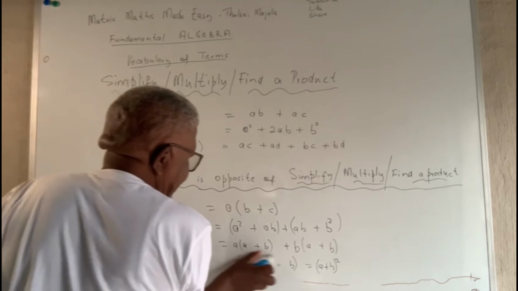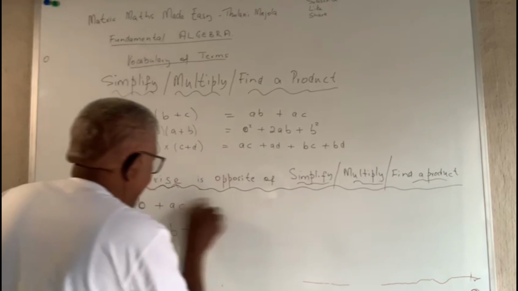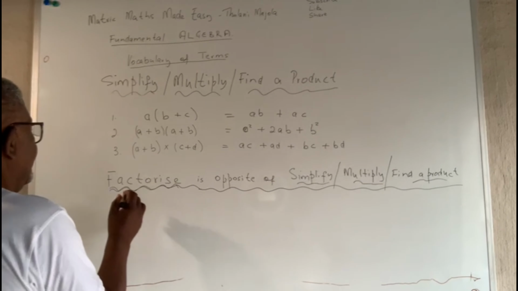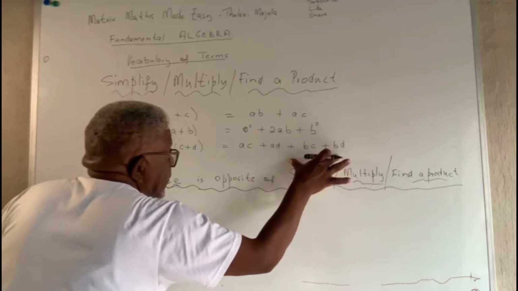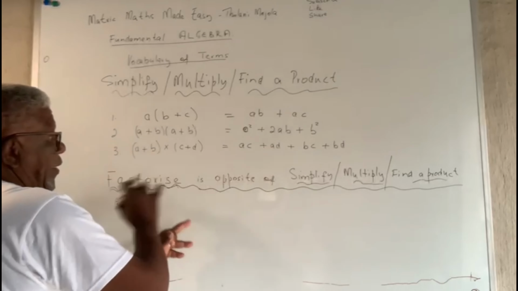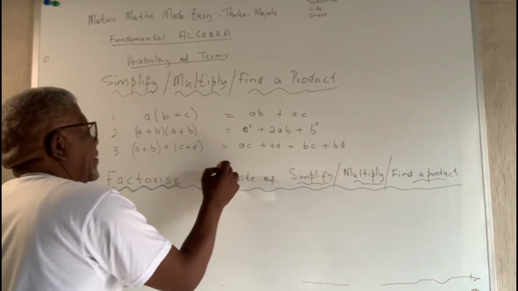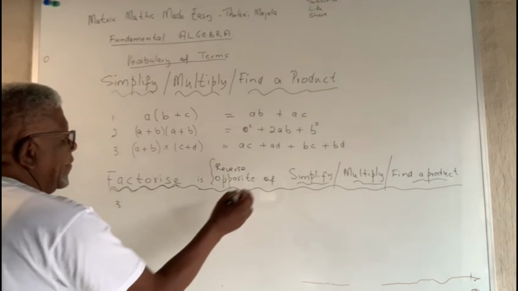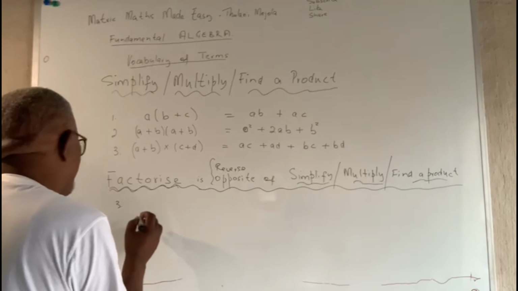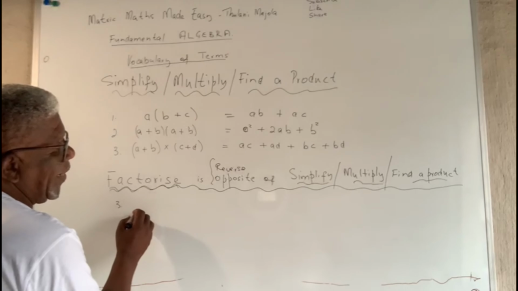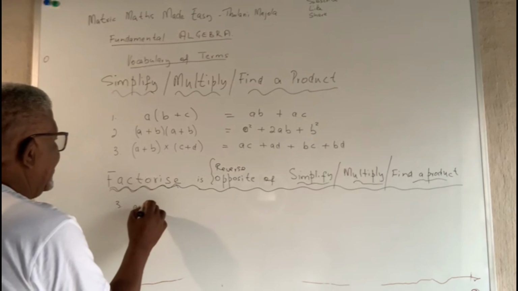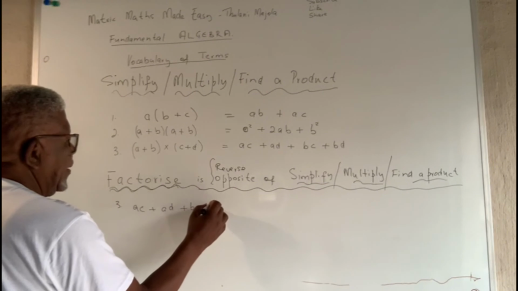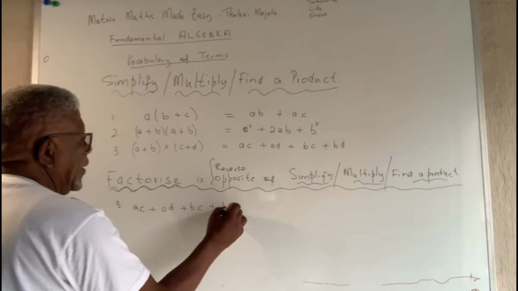So let's do the last one. Number three. We're moving now from here to there, which is the reverse, the opposite of simplifying, multiplying, or finding a product. So now we've got AC plus AD plus BC plus BD.